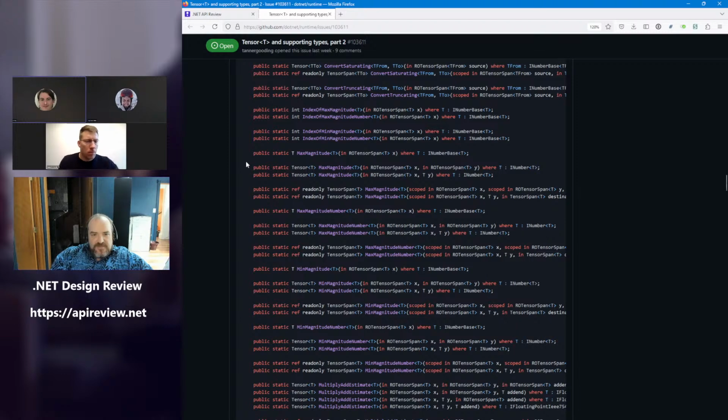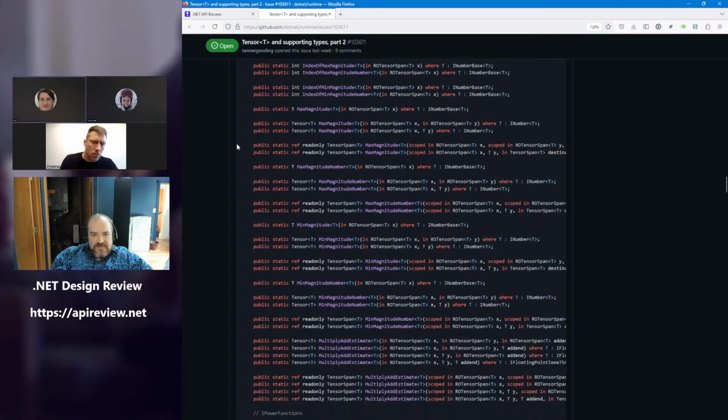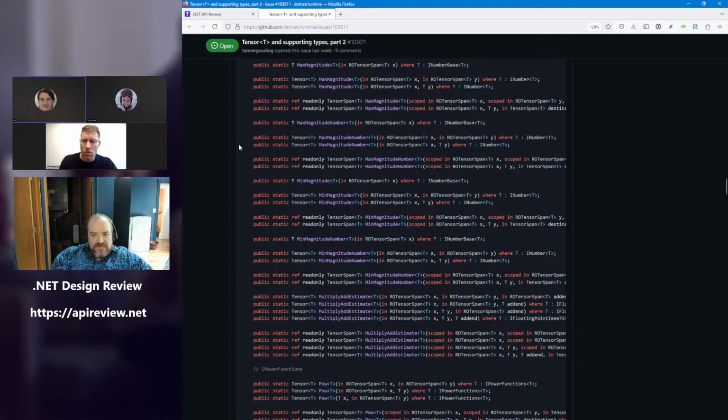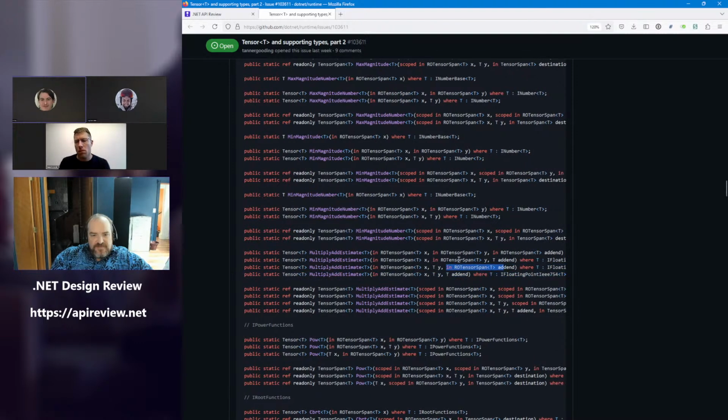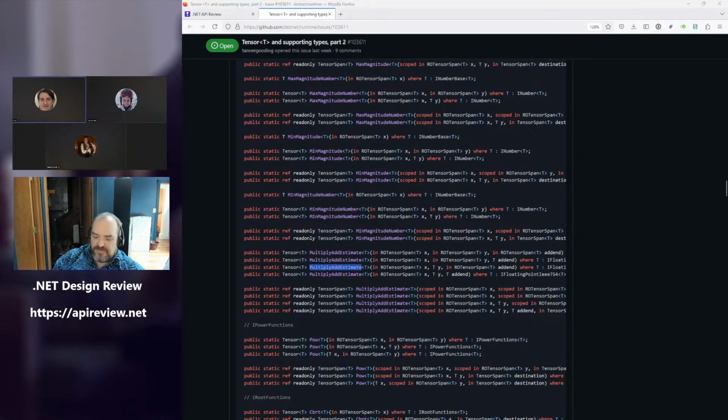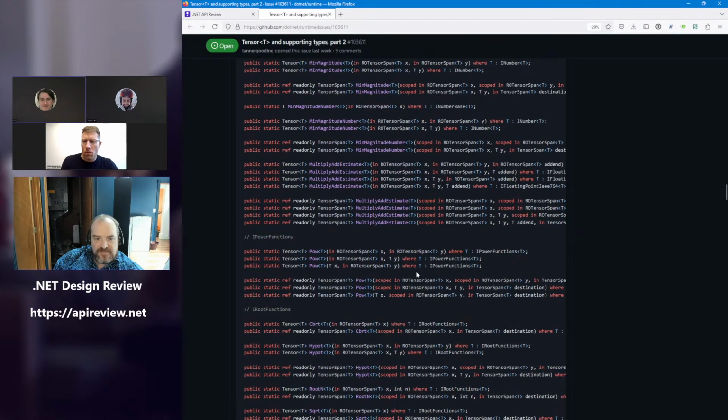And then multiply add estimate, which I noticed I put the wrong interface constraint on. That's INumber, not IFloatingPoint. When multiply add estimate was originally proposed, it was on IFloatingPoint, but then we changed it to INumber because it was applicable to all types, and we wanted it to be available for people who didn't constrain specifically to IFloatingPoint. So that was just a point in time. I forgot to fix it.